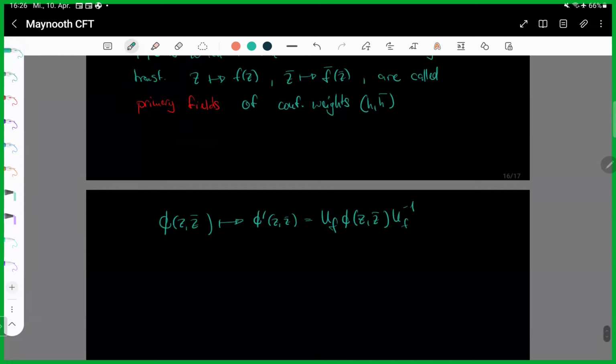And what it really looks like is (del f / del z)^h (del f / del z bar)^h bar, and then phi of f of z, f bar of z bar.